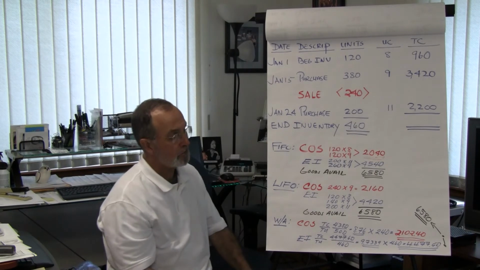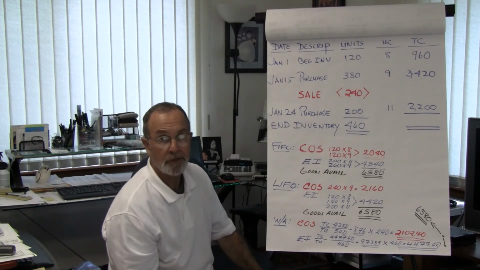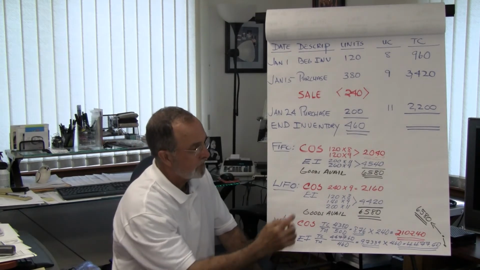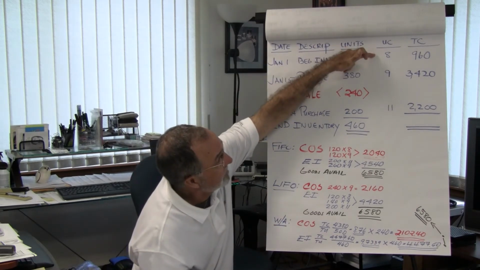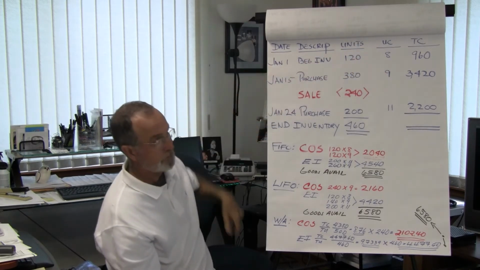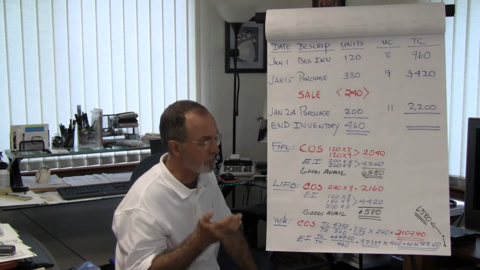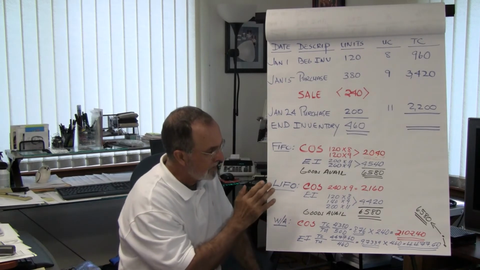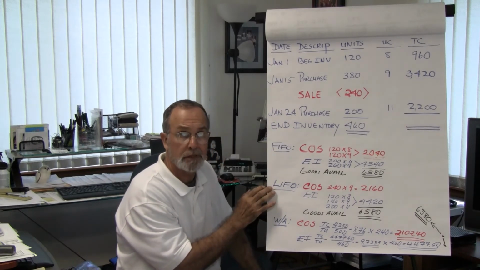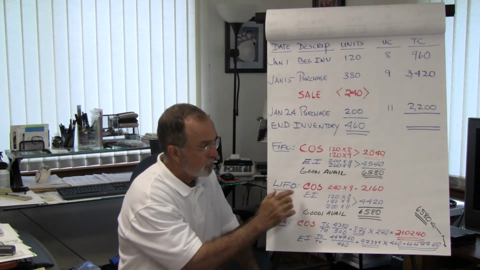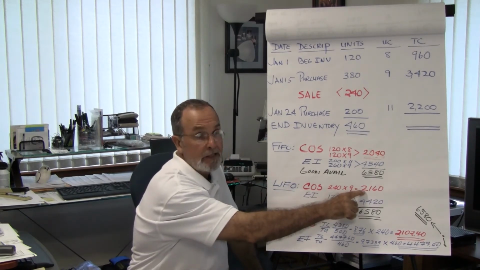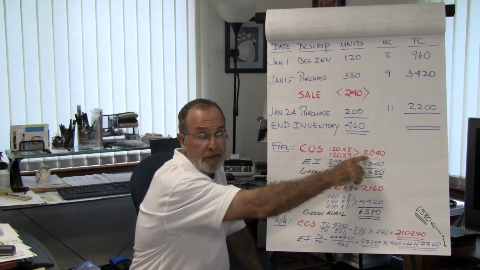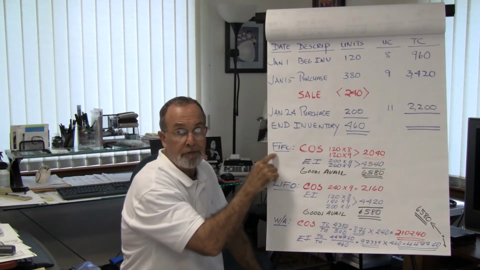$2,160. And notice again, as with the periodic method, when prices are rising and our unit cost rose from $8 to $9 in a period of rising prices or inflation, the LIFO cost flow assumption will yield a cost of sales that is higher than the equivalent calculation under FIFO.